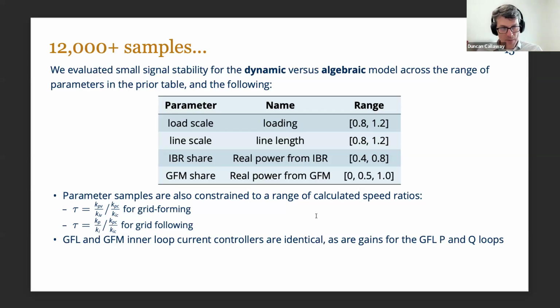We also made some other simplifying assumptions to try to keep the space of parameter choices that we studied small. We had grid following and grid forming control loops. The current controllers, we made them identical. And we also made the gains on the grid following P and Q loops identical.